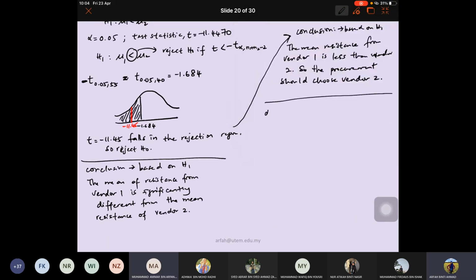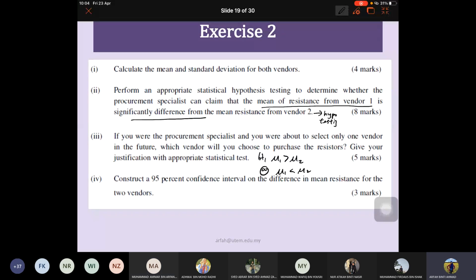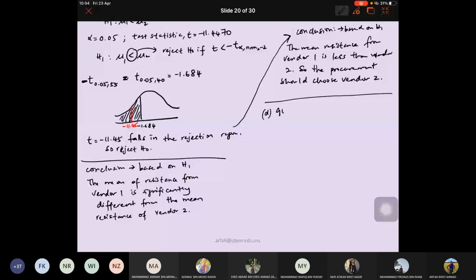Then the last question, what does it say? 95% confidence interval. So this is equal to X bar 1 minus X bar 2 plus minus T alpha per 2, n1 plus n2 minus 2, S of X bar 1 minus X bar 2.